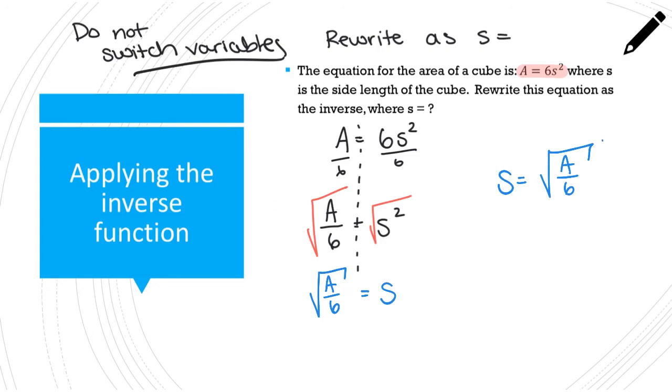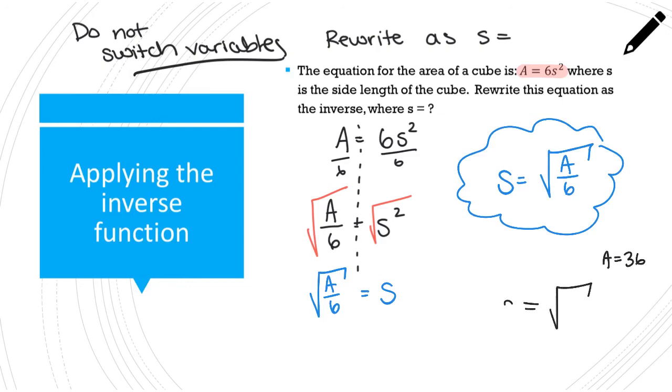What's nice about having it like this is now if I know what the area is, I can easily plug that number in order to find the side length. So if I knew I wanted my cube to have an area of 36, all I would need to do is plug in the 36, and then I would be able to find that my side length is the square root of 6.